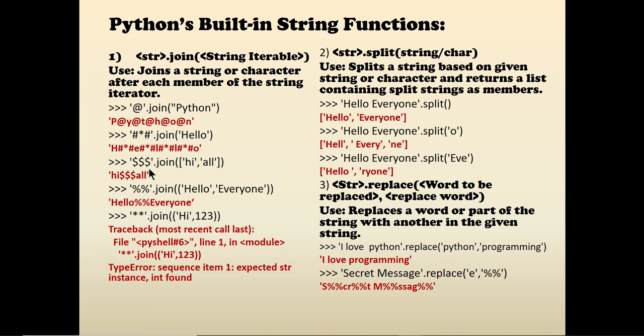Here, dollar symbol dot join of hi, all. This is a list, you know that, right? It is given within square brackets. In the list, the very first member is hi and the next member is all. All the members of the list should be strings. In that case, this function will work fine.